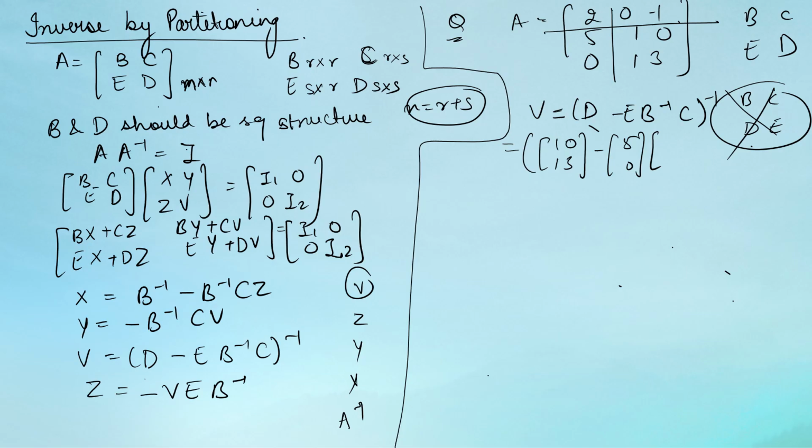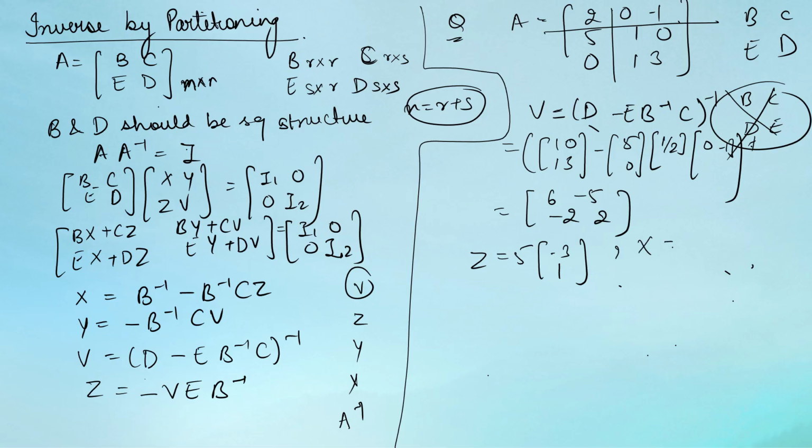By multiplying it by 1 by 2, 0 and minus, whole inverse. So when you calculate it, I'll write the final answer to be 6, minus 5, minus 2 and 2. Similarly, you'll get Z as 5 into minus 3, 1. You'll get your X as 3, Y as minus 1, 1.